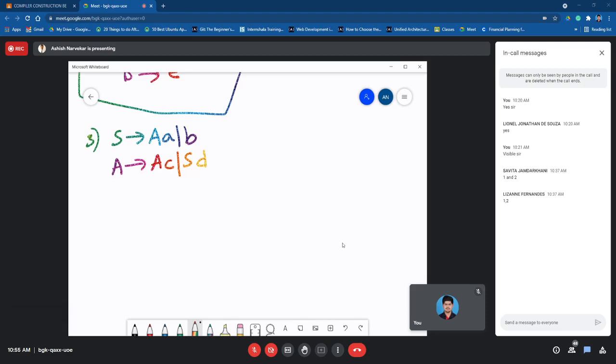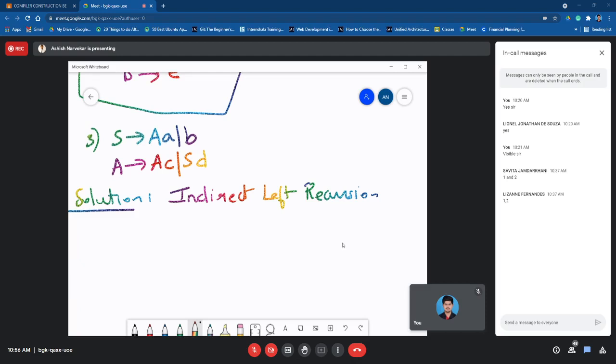So if you look at this particular case, this is a case of indirect left recursion. Now, how do we know that this is indirect left recursion? We can see that S derives A A or B, and here it is of course directly evident that it is direct left recursion.